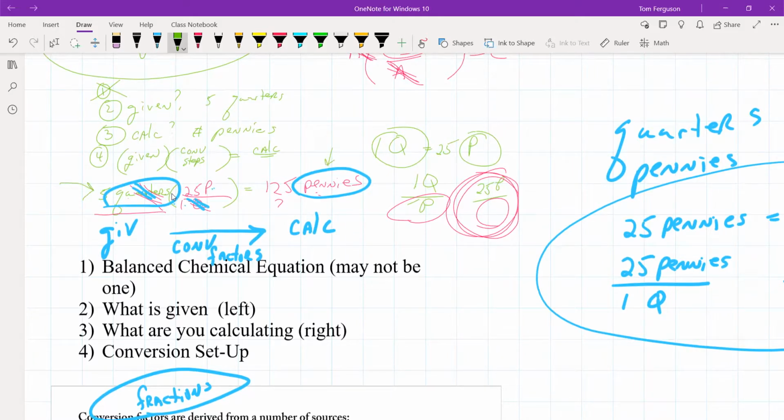By the way, how many sig figs is 5 quarters? One. How many sig figs is 125? 3.